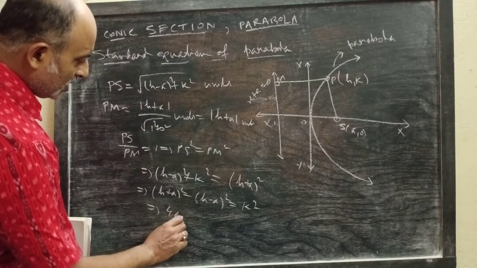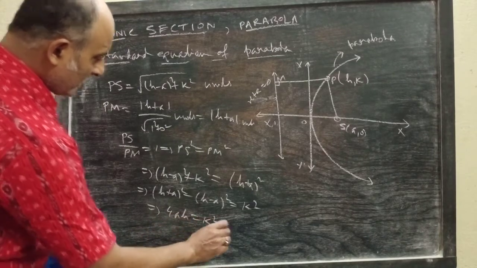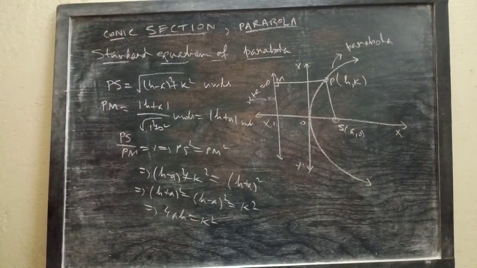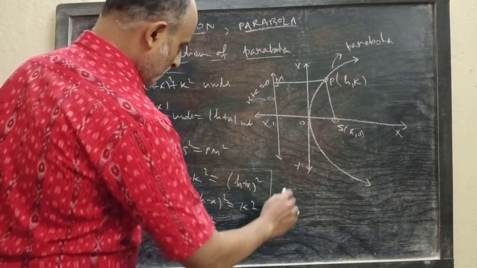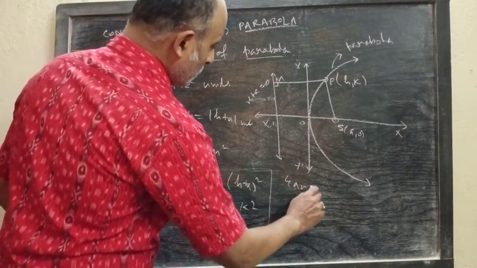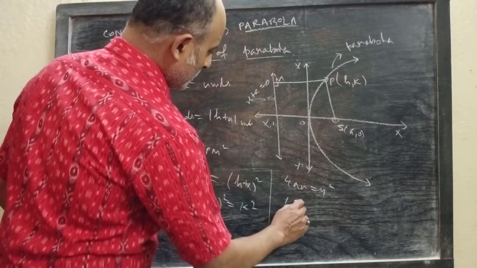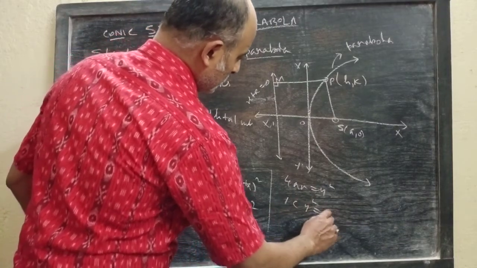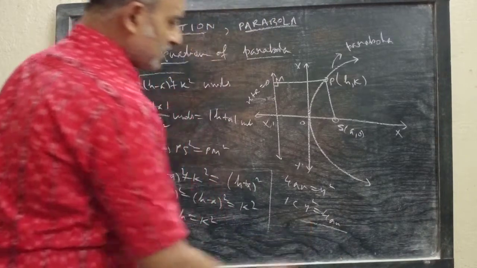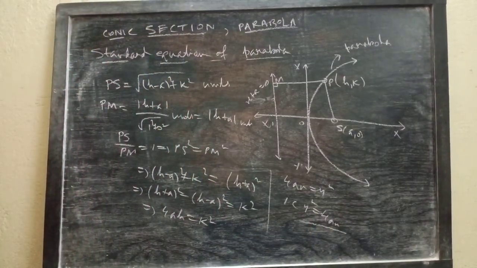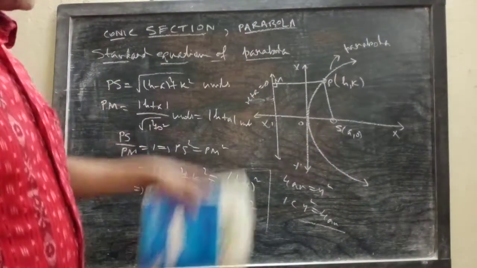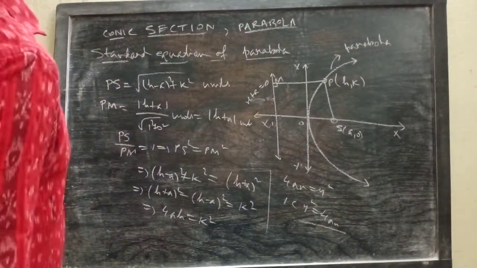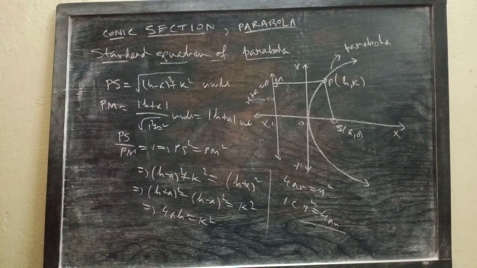So finally we get 4ah equals k square. Therefore the equation to the locus of the point P(h, k) will be 4ax equals y square, that is y square equals 4ax. This is the standard equation of a parabola having focus at the point (a, 0) and directrix x plus a equals 0.